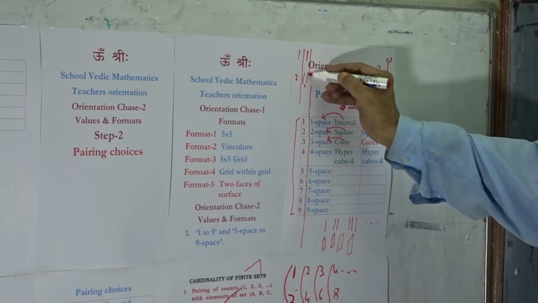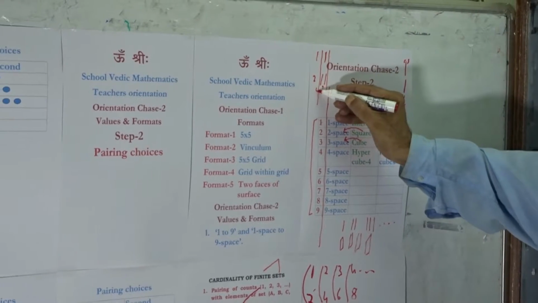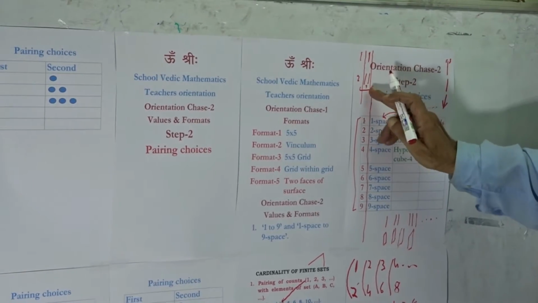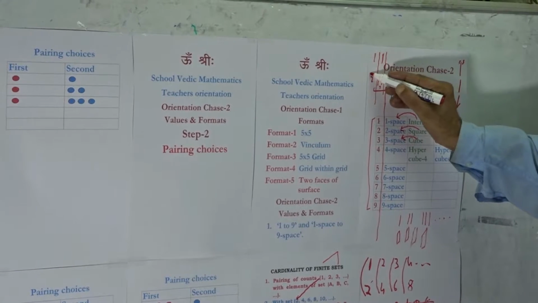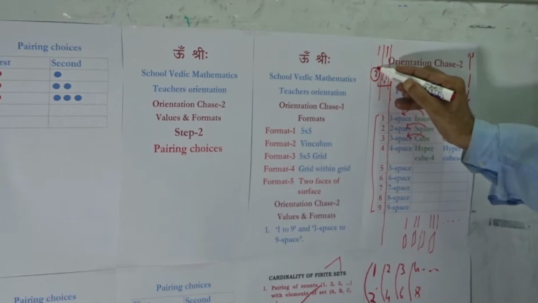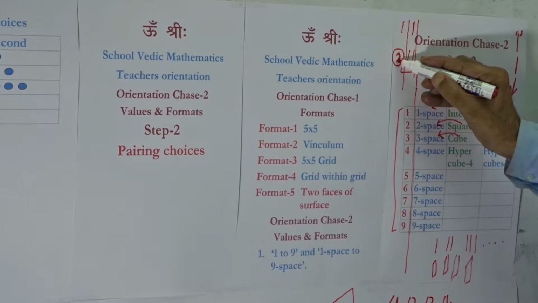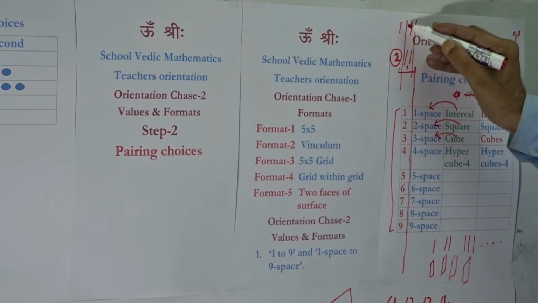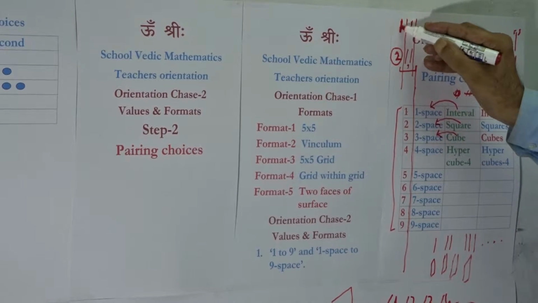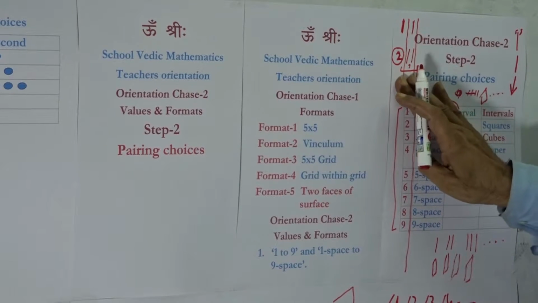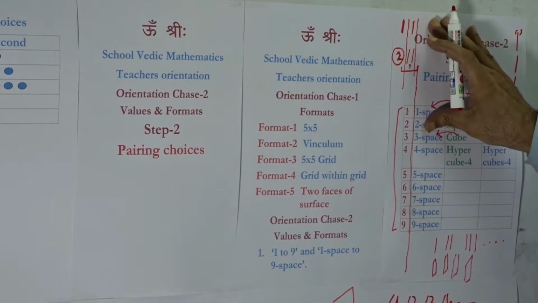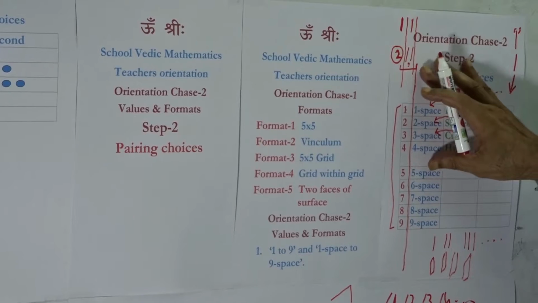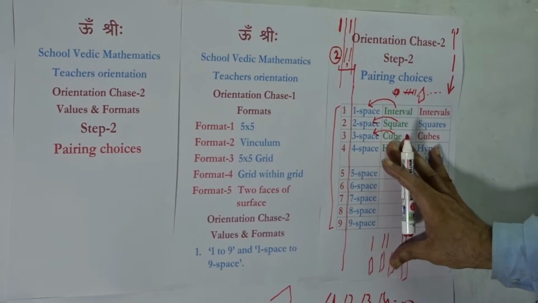So this situation of having a pair of ones, we are designating with another value, calling it 2, and this value 2 is the value which is to be seen, and this value is to be appreciated.